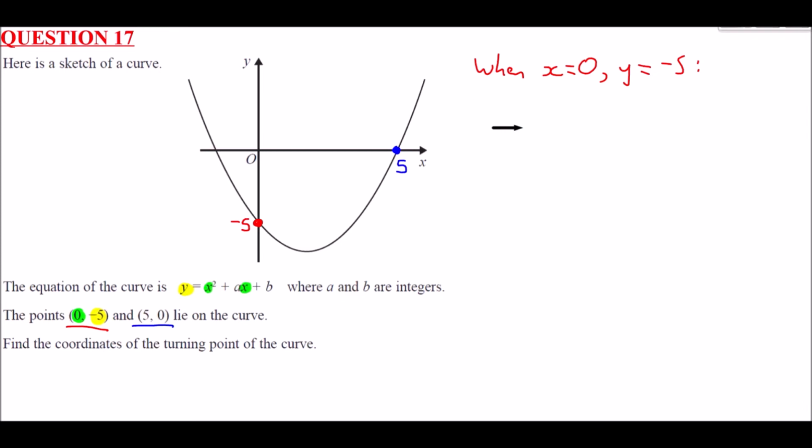Sorry, what am I talking? No, we haven't. We've got -5 on its own, my apologies. So -5 equals, well, x is 0, so it's going to be 0 squared plus a times 0. 0 lots of a plus b. 0 squared is nothing. 0 lots of a is nothing. In other words, we've worked out that b has to be -5.